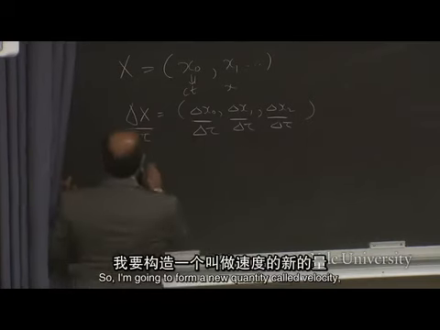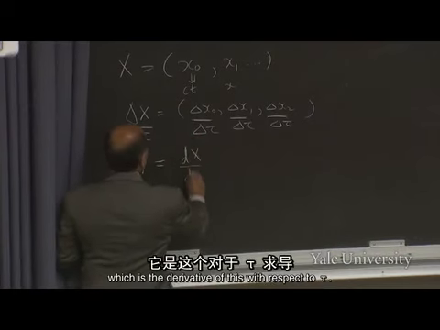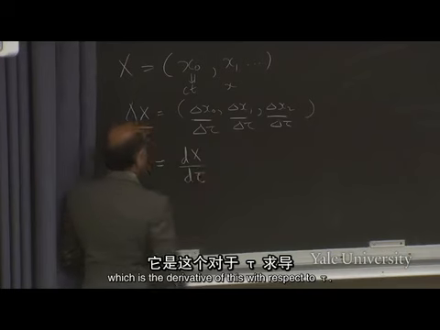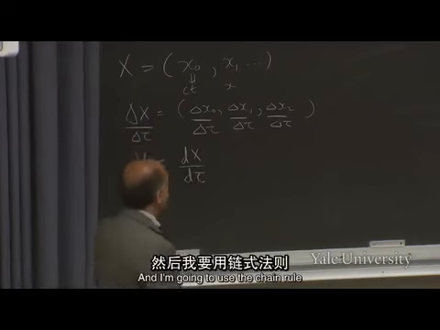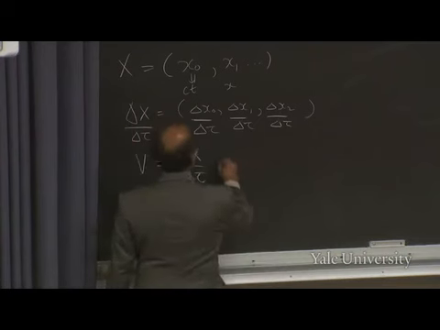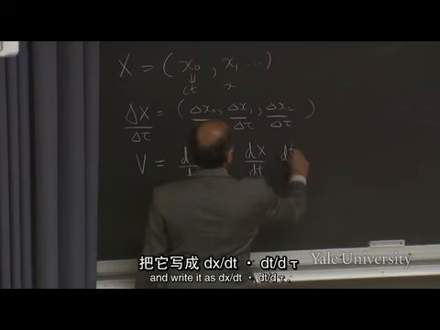So I'm going to form a new quantity called velocity, which is the derivative of this with respect to tau. Then I'm going to use the chain rule and write it as dx/dt times dt/dtau.